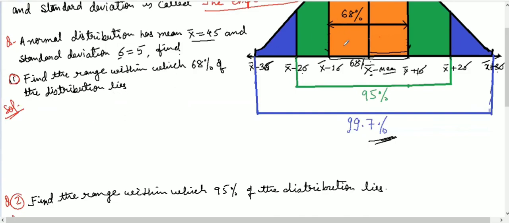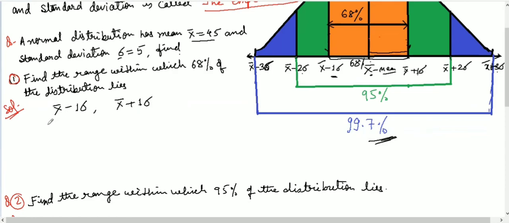We know that within 1 standard deviation 68% of the data lies. So what is the range here? Write down the range: x bar minus 1 standard deviation to x bar plus 1 standard deviation.